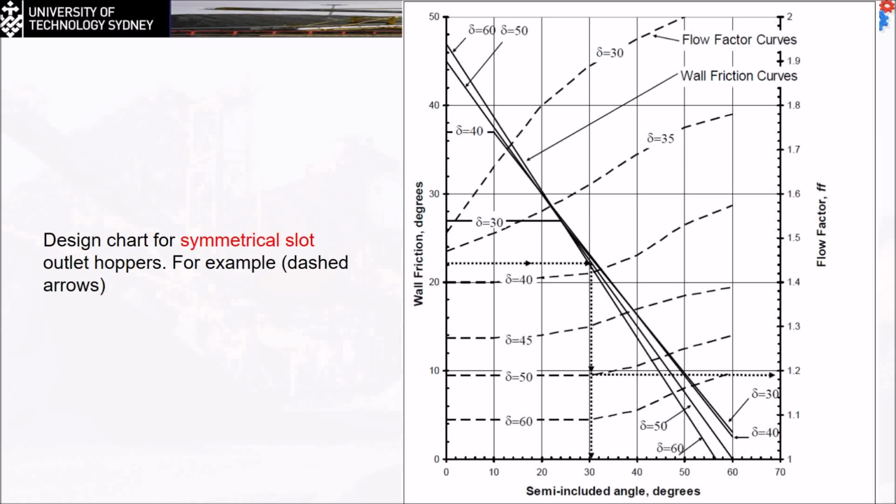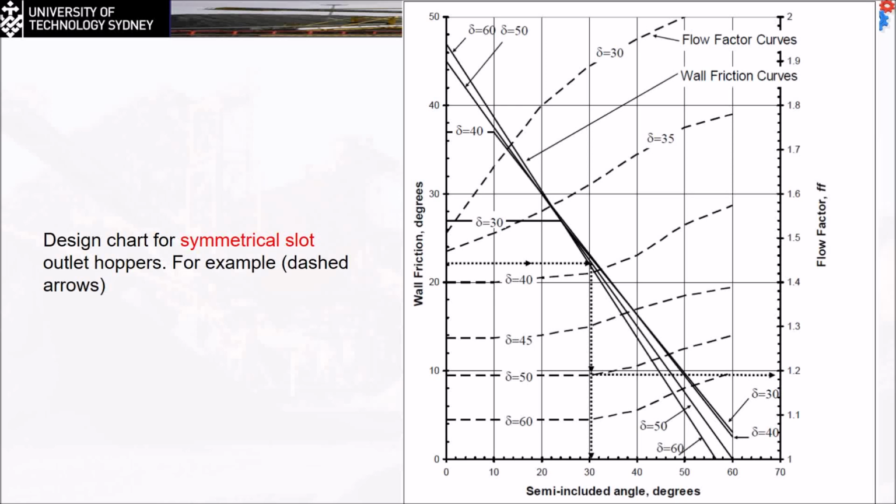So what happens, for example, if my delta wall is equal to 22 in this example, and my delta, for example, is equal to 50? That's how we are going to do it. Move horizontally until we intersect with the line of the delta, then go downward. You will find the value of theta, which is the angle of the semi-included wall.